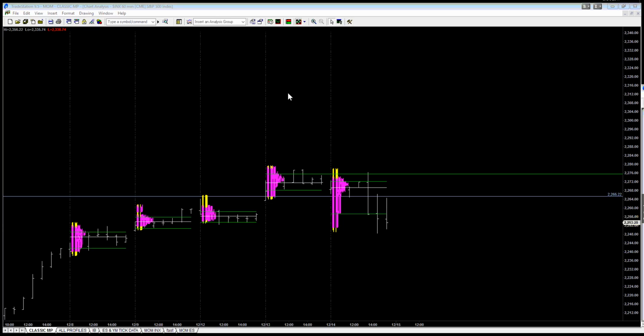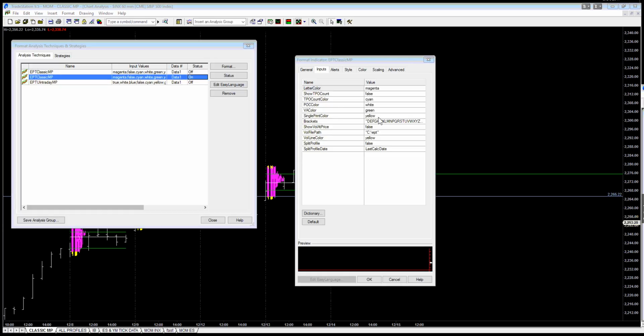When we use the classic profile, there's more than one way to set up this particular indicator. For example, one way is to just use the POC, the upper and lower value areas, without necessarily watching the details of the volume.